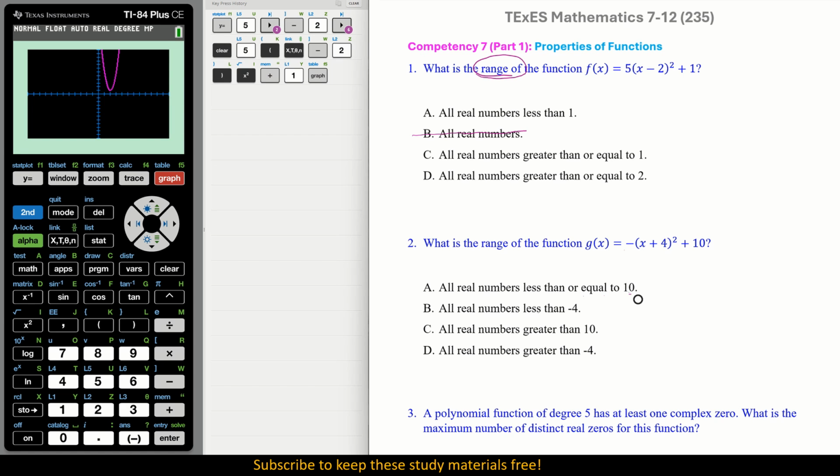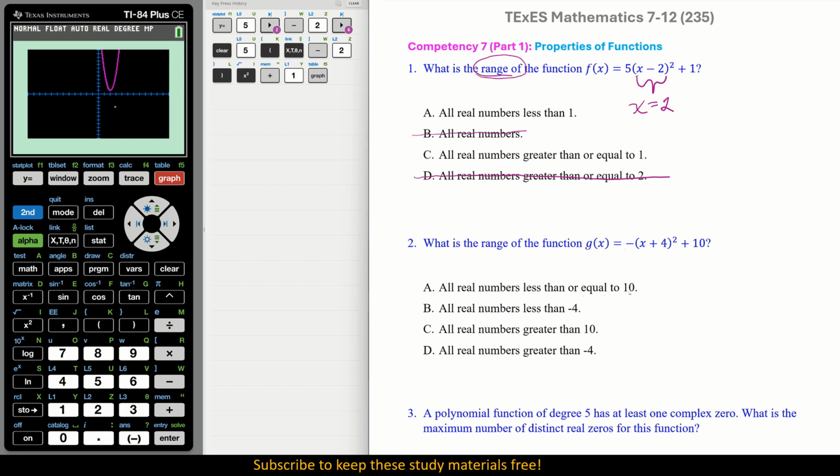Another word of caution: I can see from this here x equals 2, but that's related to the x, not the y. So we cannot use anything related to 2. That would be D, all real numbers greater than or equal to 2. We are not measuring against the value of 2.